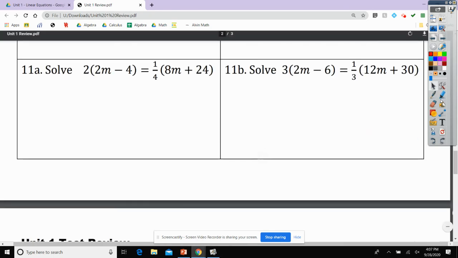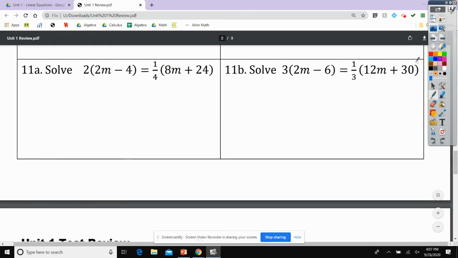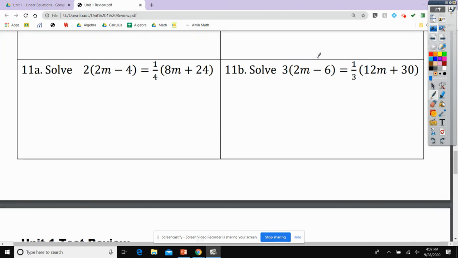And the last one, 11b. So we're still going to be distributing first. So I have 3 times 2m, 3 times -6, and then I'm distributing a 1/3. So 3 times 2m is 6m, 3 times -6 is -18.